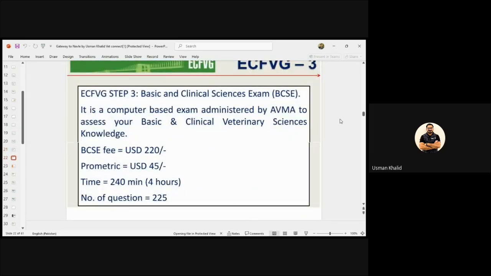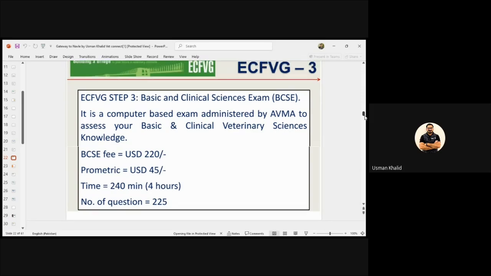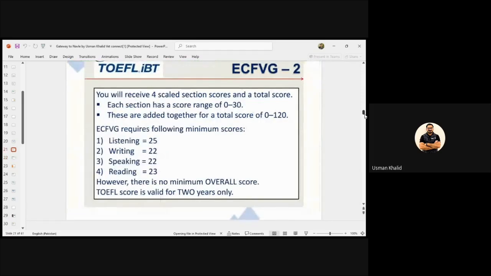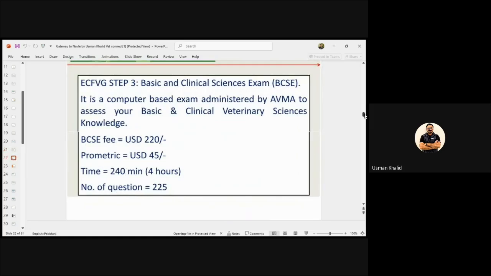The BCSE is also a computer-based exam, and the fee is $220, plus you need to pay for the Prometric center, which will be around $50. So it will be something like $270, and you need to keep in mind a time of 4 hours when you are preparing for this, because you need to be present for all those hours.